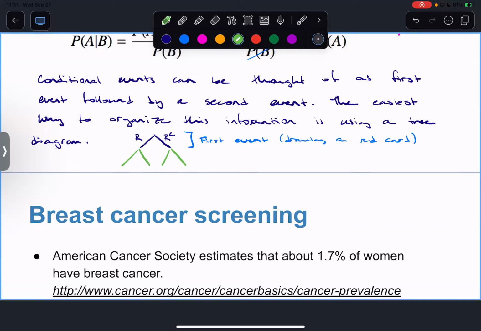I have the same outcomes to choose from no matter which path I went down. So the second event is drawing a heart: heart or not a heart, heart or not a heart.